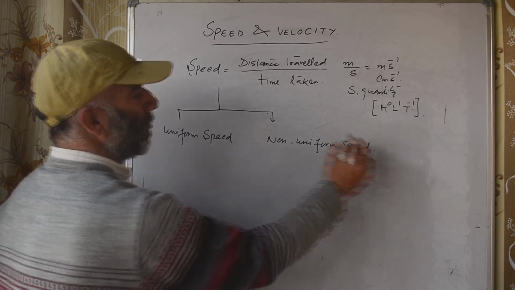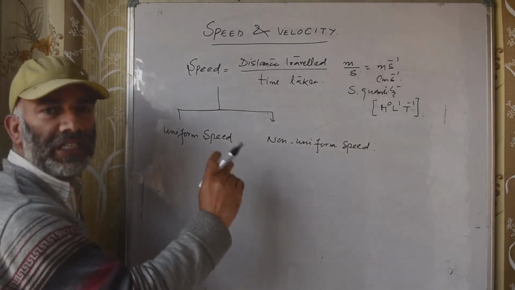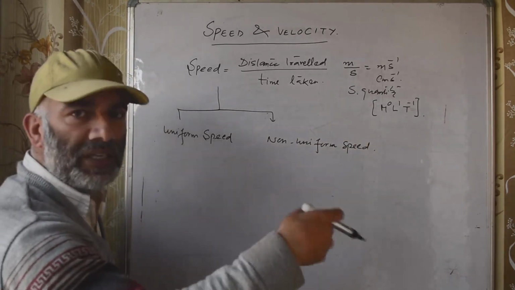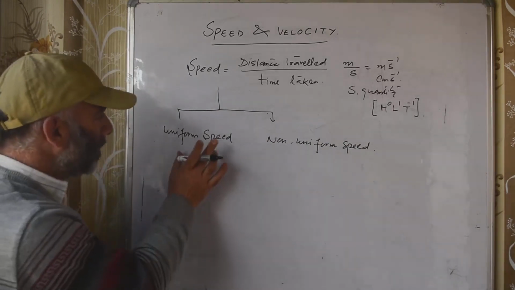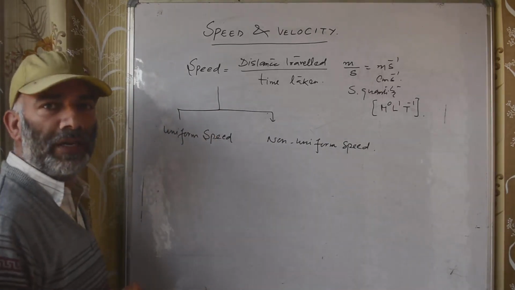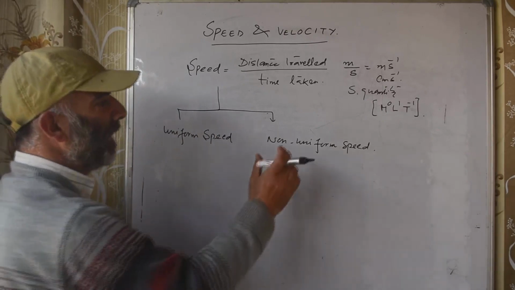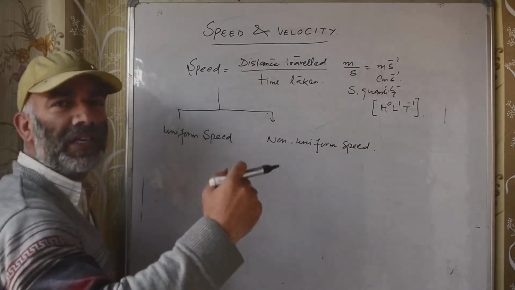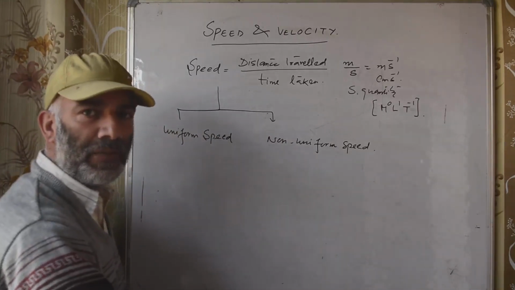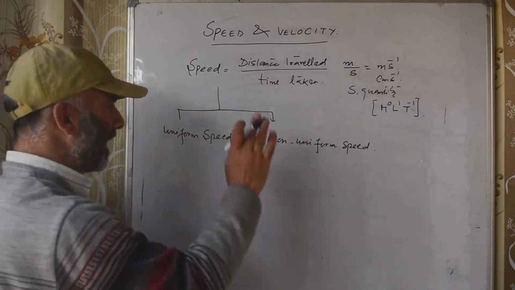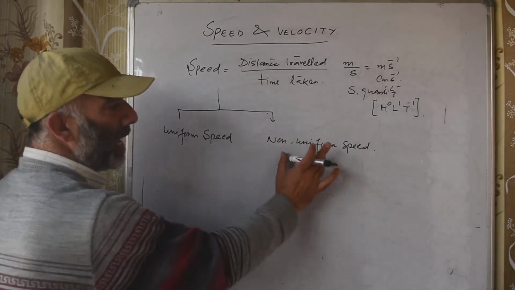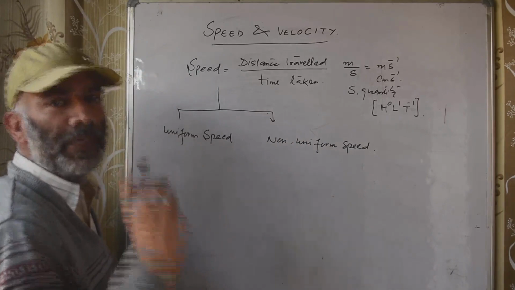If the particle covers equal distances in equal intervals of time, we call the speed uniform speed. On the other hand, if it covers unequal distances in equal intervals of time, or vice versa, that is known as non-uniform speed.